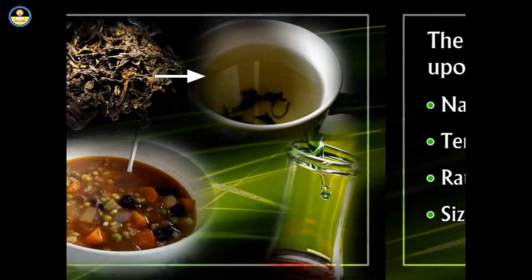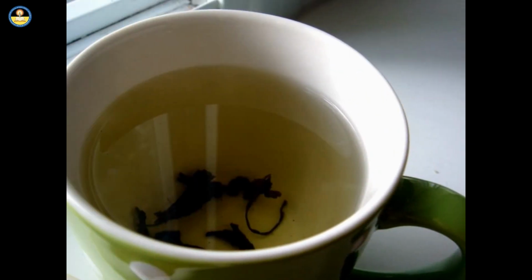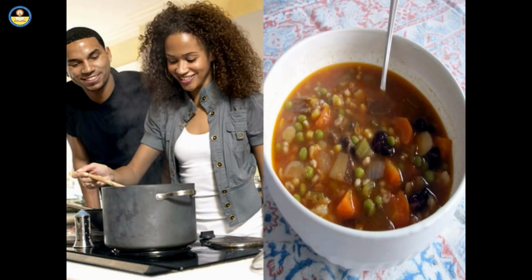Finally, let us see some applications of solubility in our daily life. That is, hot water increases the rate of dissolution of certain substances present in tea leaves. Stirring of soup dissolves the salt faster, and so on.